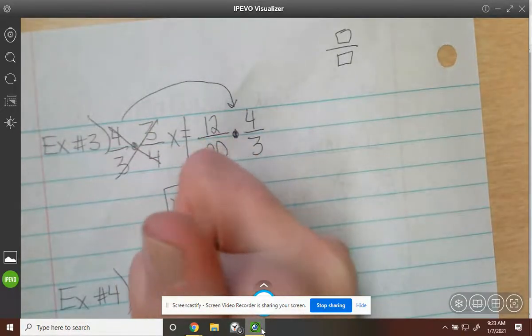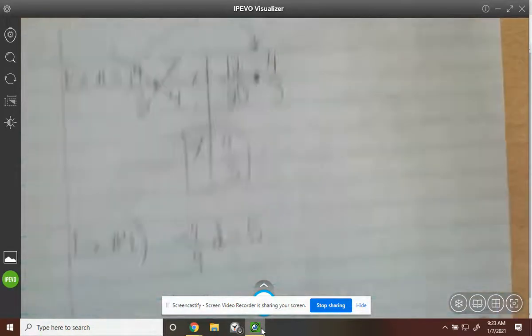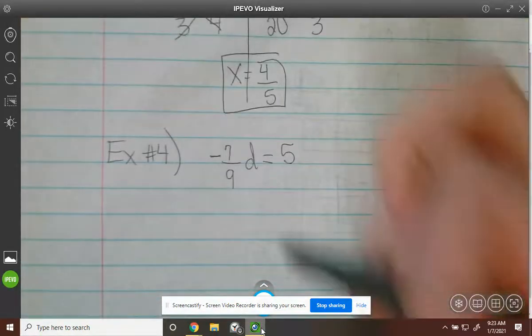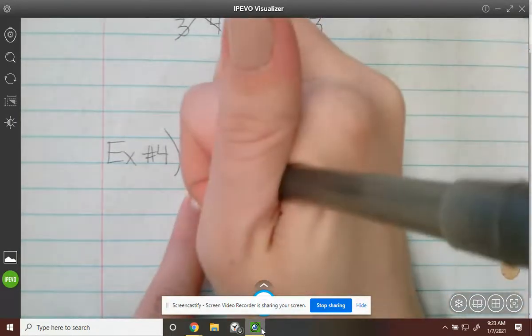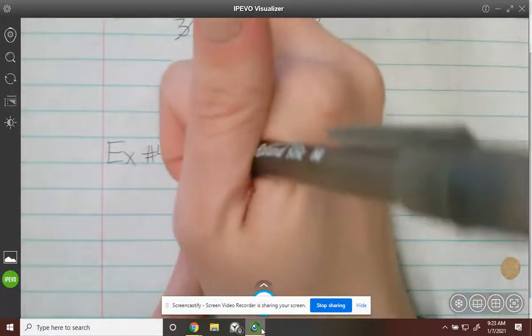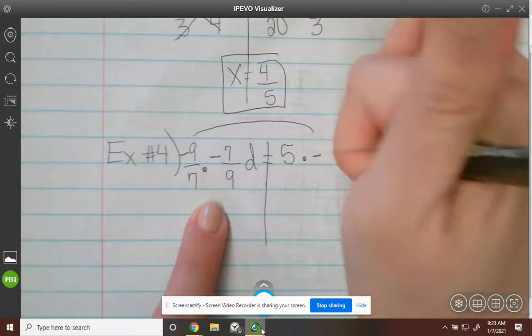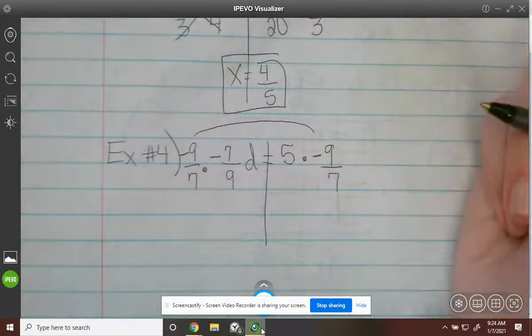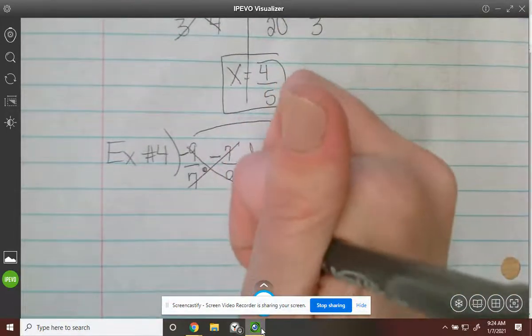Negative 7 over 9d equals 5. Okay, I got to get rid of this to get d by itself. So I'm going to multiply it by a negative, flip-flop that, so 9 over 7. Directly bring it over here, negative 9 over 7. Okay, everything goes away on this side, leaving me with d.